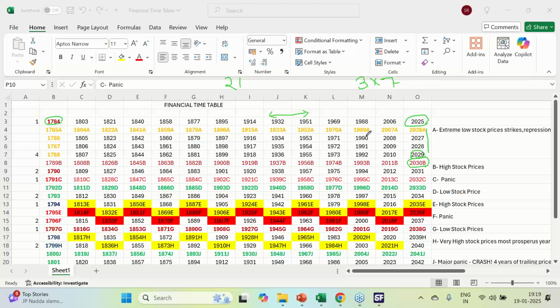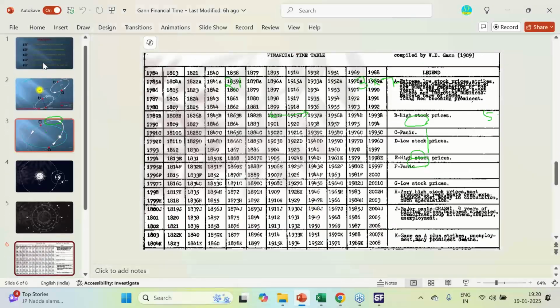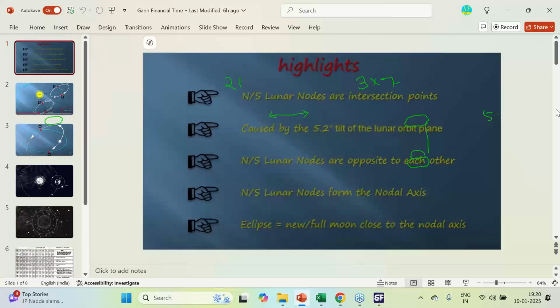That tells us there is, as I told you just now, a tilt of about 5 point some degrees. In the presentation I told you the mathematical meaning of 5.2 degrees. 5.2 degrees creates the lunar orbit plane, which changes by 5.2 degrees.